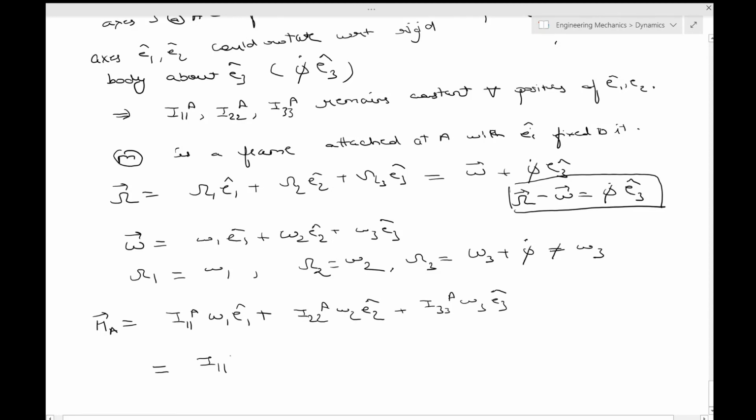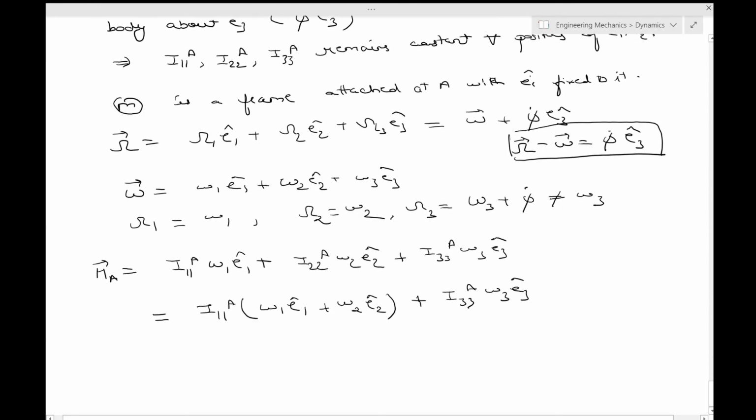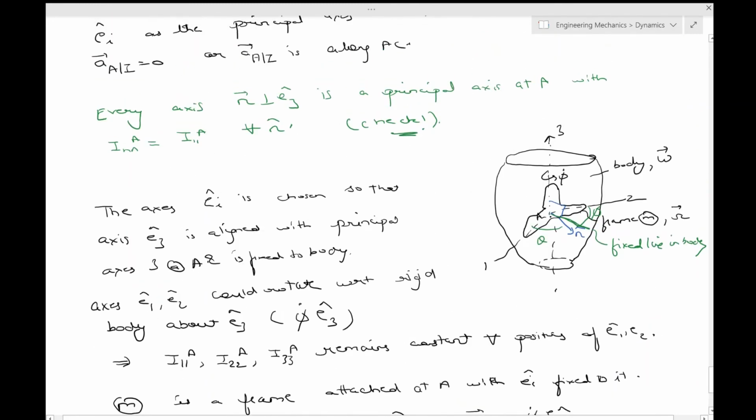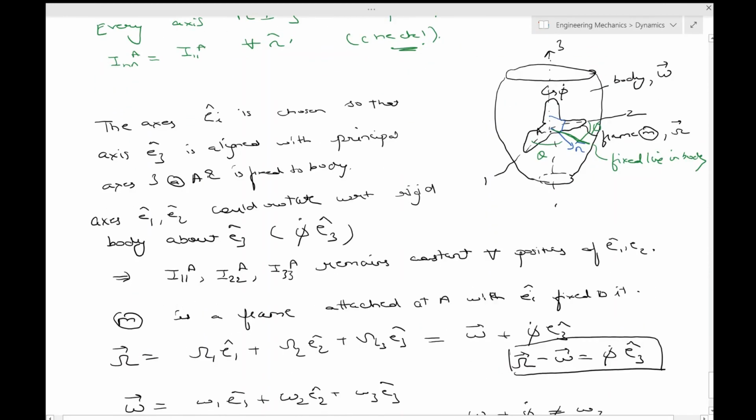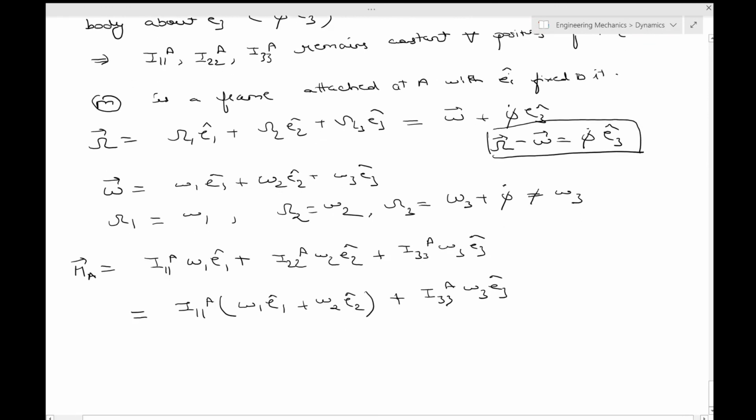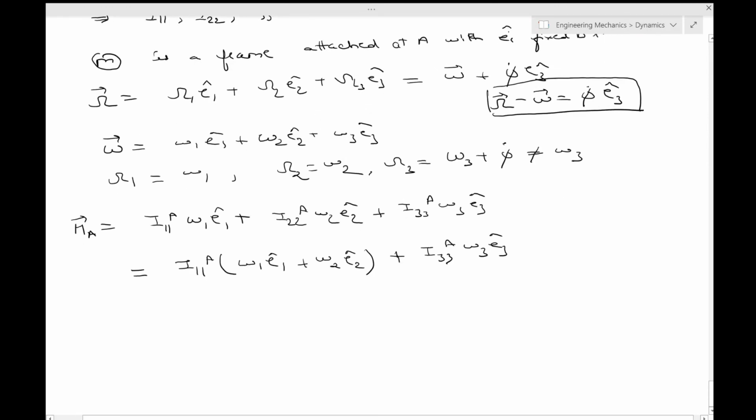So you have I_11 of A times omega_1 E1 hat plus omega_2 E2 hat, plus I_33 of A omega_3 E3 hat, because I_11 is equal to I_22.